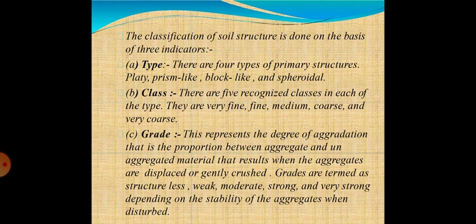The classification of soil structure is done on the basis of three indicators. Type: there are four types of primary structures: platy, prism-like, block-like, and spheroidal. Class: there are 5 recognized classes in each of the types. They are very fine, fine, medium, coarse, and very coarse.